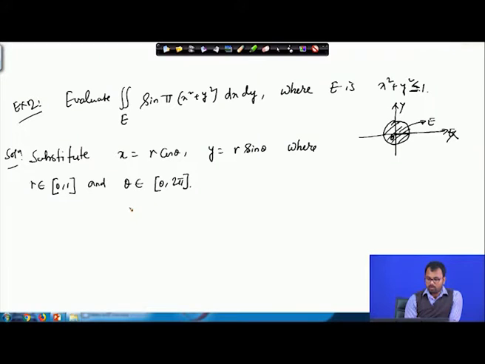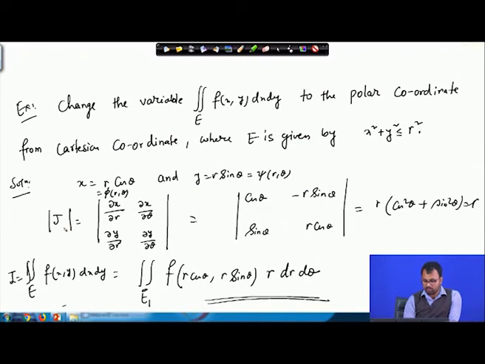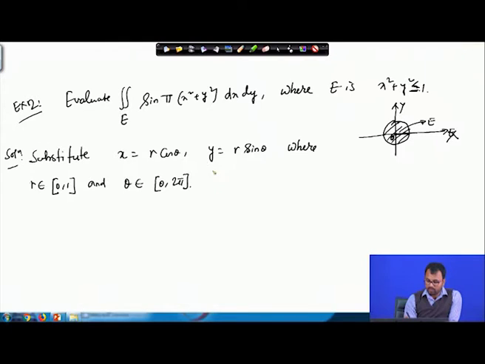Now, we know from the previous example that the Jacobian determinant is r. We can do the similar calculation, which I am leaving up to the students, and I am just going to use that answer, which is that the Jacobian determinant is r.